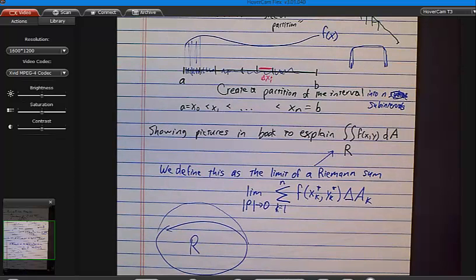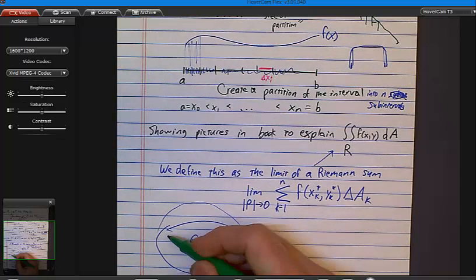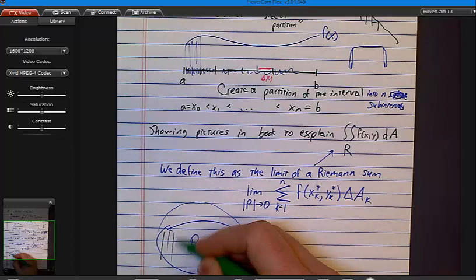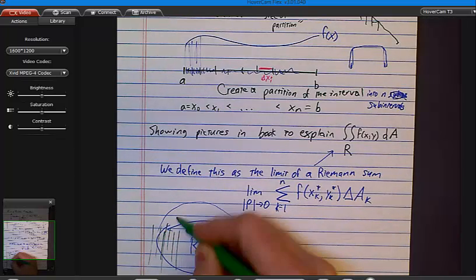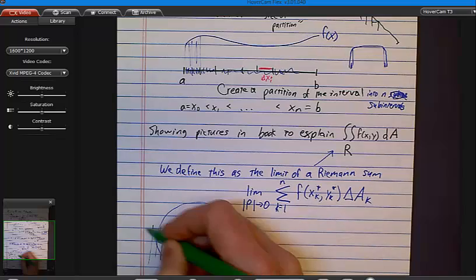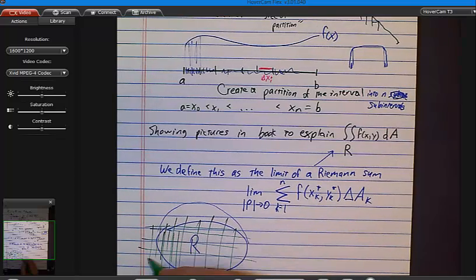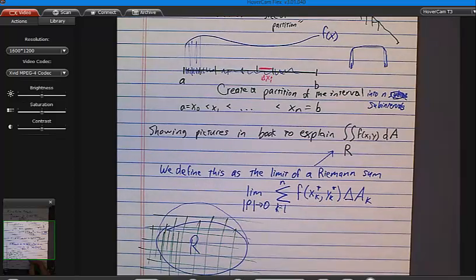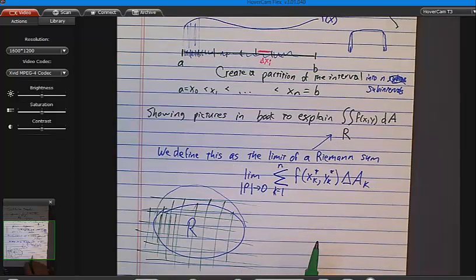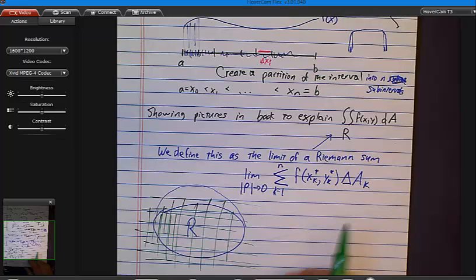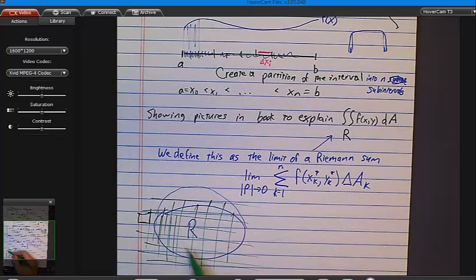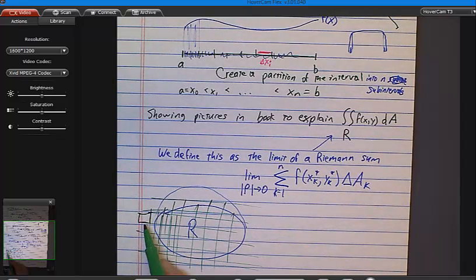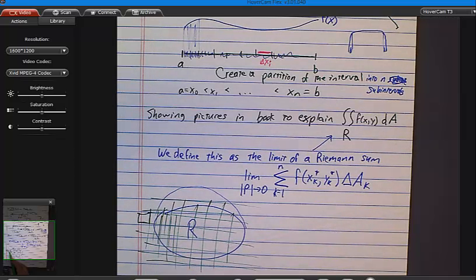But how would you do a Riemann sum? I guess what you do is you get a grid, right? So you have this, and then you have this. But do you notice how some of the squares, or rectangles I should say, are totally within R, and some of them are totally without R. They're not in R, so you don't want to count those, right? But what about these ones that are only partly in there?